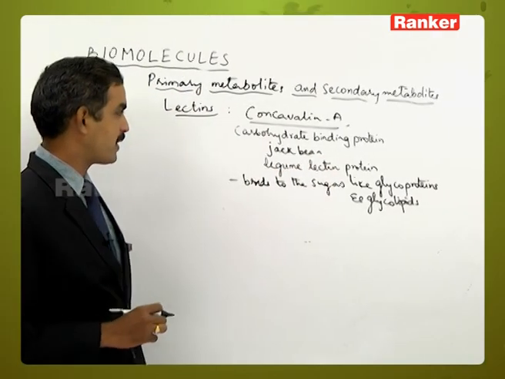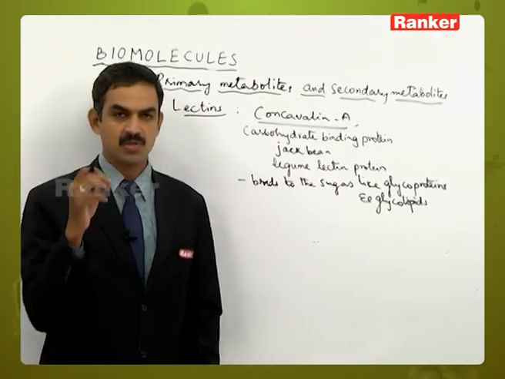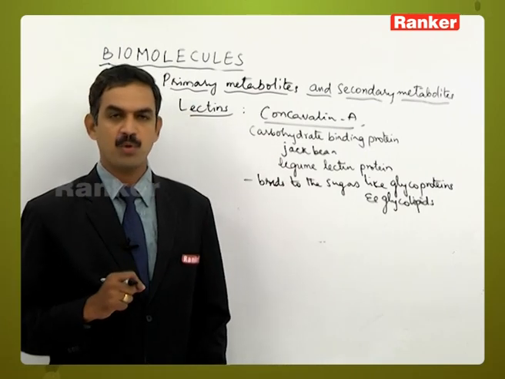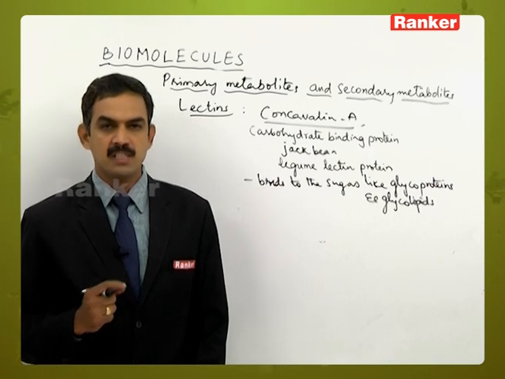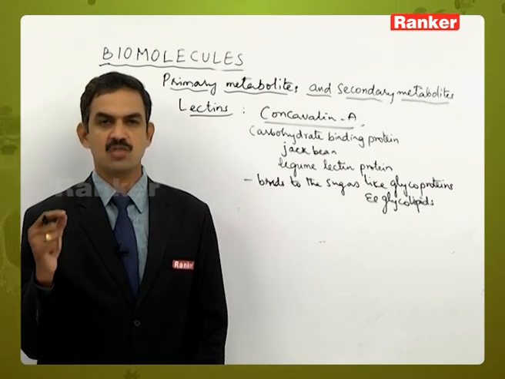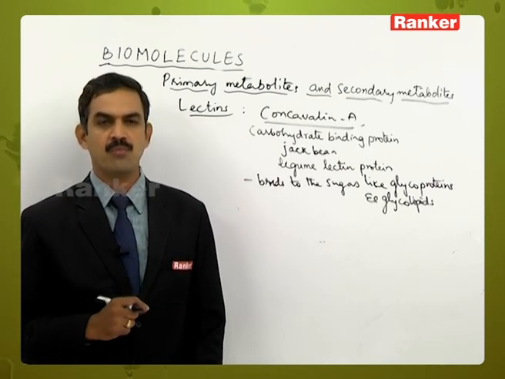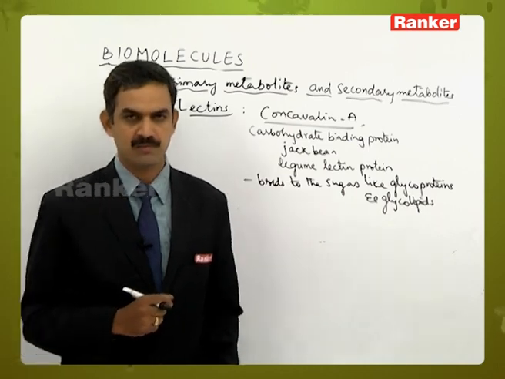Actually, lectins are special carbohydrate binding proteins which help in attracting specific bacterial strains during the formation of nodules in legume plants.